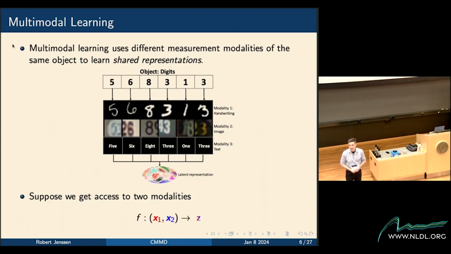And then what we observe could be different images of the digits, in this case, two particular different ones. And it could also be just a text string that says 6 or 3 or 1 or something like that. So in this case, we will have 3 modalities. But they are generated from the same latent variable.